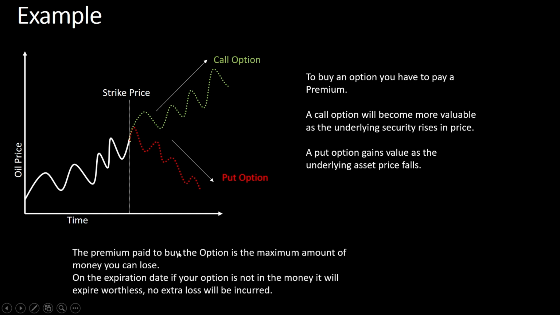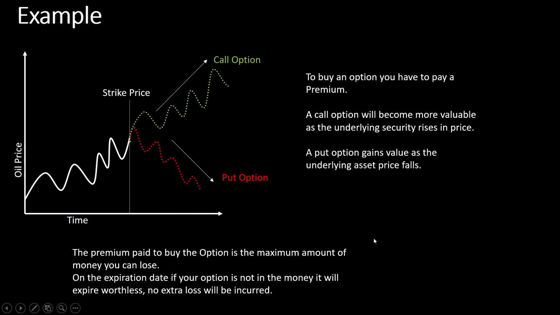The premium paid to buy the option is the maximum amount of money you can lose on the expiration date, because options, futures, forward contracts, they all have expiry dates except for CFDs. On the expiration date, if your option is not in the money, it will expire worthless. No extra loss will be incurred. Your position will just disappear.